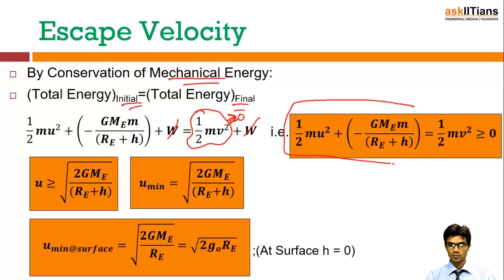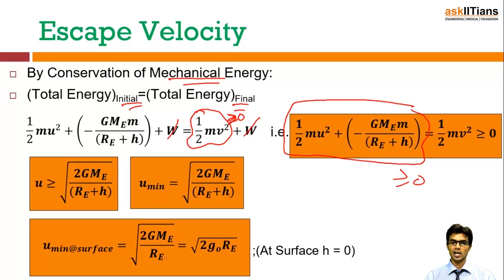So u is greater than or equal to the square root of 2 G M_E by (R_E plus H), and for the minimum value of u there must be equality. At the surface H is 0, so u minimum at the surface is the square root of 2 G M_E by R_E.